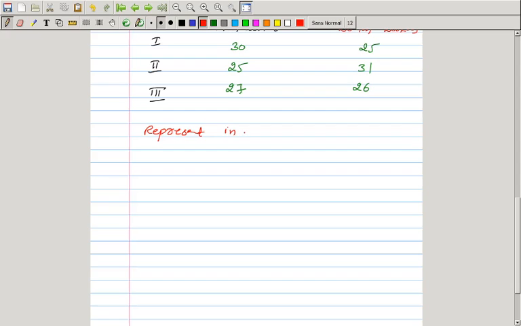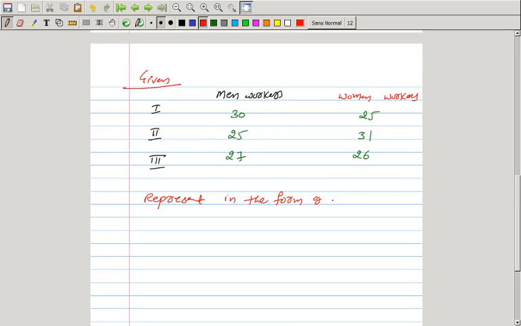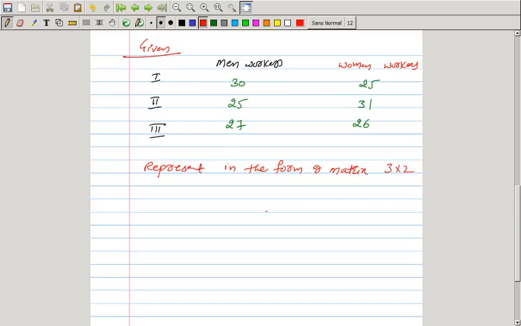Represent in the form of a matrix 3 into 2, right? So whatever matrix we are going to write, it should have 3 rows and 2 columns.